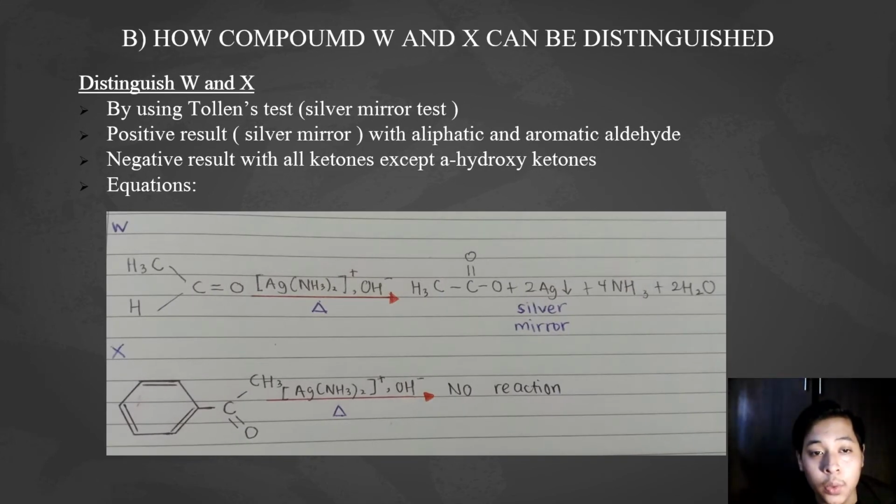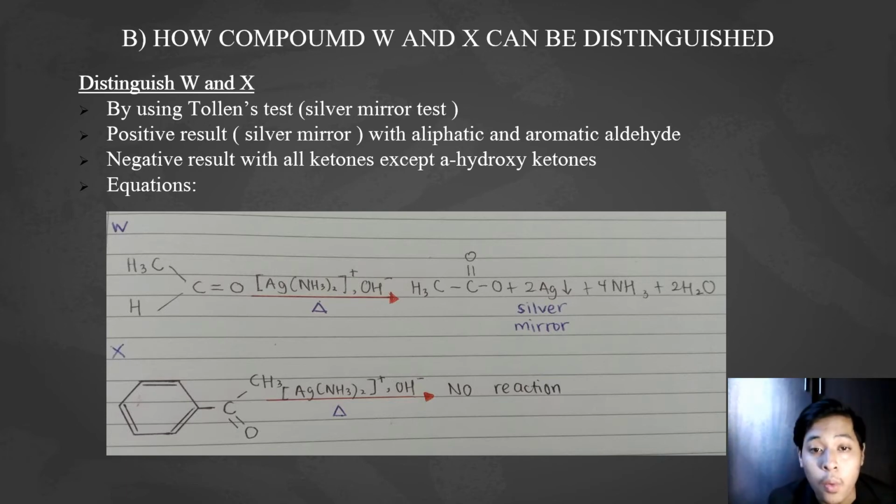Now, to distinguish W and S, we are using the Tollens test, which is known as the silver mirror test. In this test, it will give a positive result, which is a silver mirror, with aliphatic and aromatic aldehydes, and a negative result with all ketones except alpha hydroxy ketones. For the equation, compound W will react with diamminesilver ions in basic and heat condition and form carboxylate anion, silver mirror, NH3 and H2O.